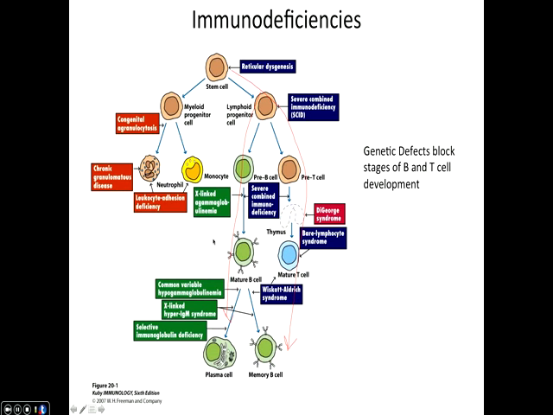One thing I want you to think about when you look at something like this: the higher up you are, the more severe these genetic deficiencies are. Take a disease like SCID, which is severe combined immunodeficiency. That is linked to a single protein or a single gene deficiency, but it prevents these progenitors from differentiating into pre-B and T cells. These are kids that end up dying very early because you essentially have no immune system.